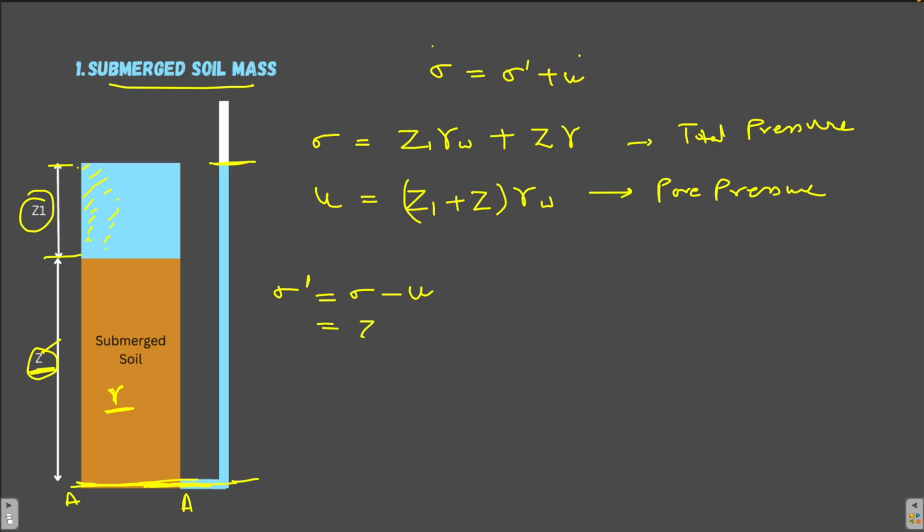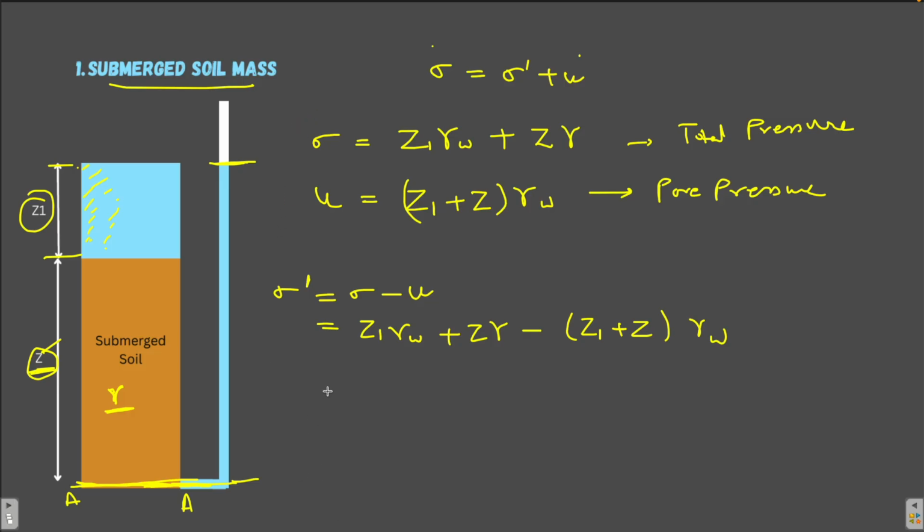So that is Z1 into gamma W plus Z into gamma, minus Z1 plus Z into gamma W. What I have done is total pressure minus the pore water pressure.